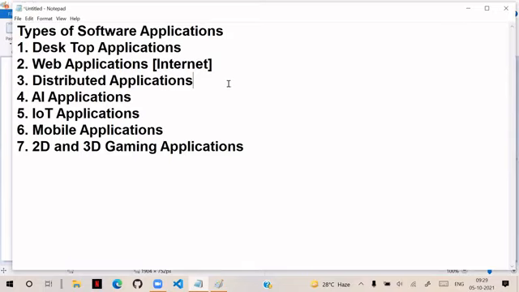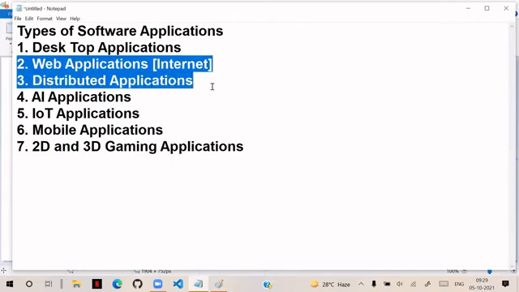In our UI technologies, our main target is these two. By the end of our UI technologies, we are going to build two types of applications, web applications and distributed. We will start with web applications and we will see how to build a distributed application also.